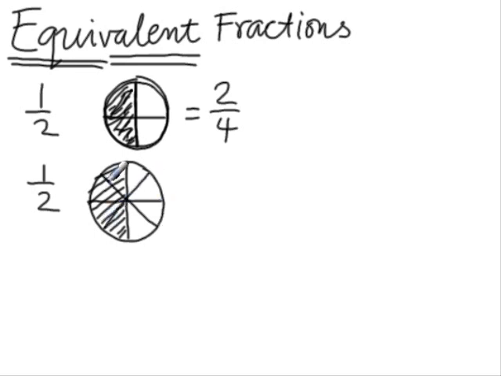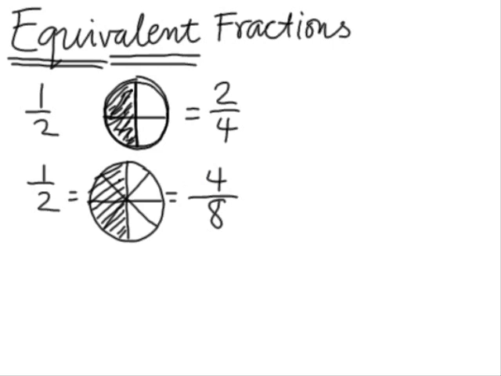So now we have 1, 2, 3, 4, 5, 6, 7, 8 slices. And of the 8 slices, each slice is an eighth of the pie. There are 4 of them. 1/2 is equal to 4/8. These are equivalent fractions.